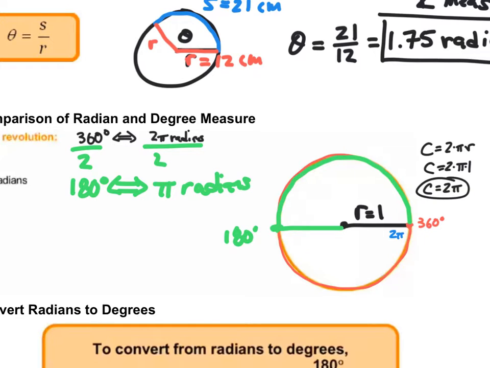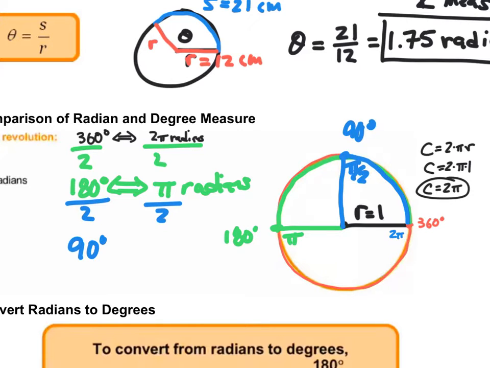Basically, we call that pi. If I cut that in half and did 90 degrees, an arc length of 90 degrees, that's going to be pi over 2 radians. So 90 degrees is the same thing as saying pi over 2 radians.